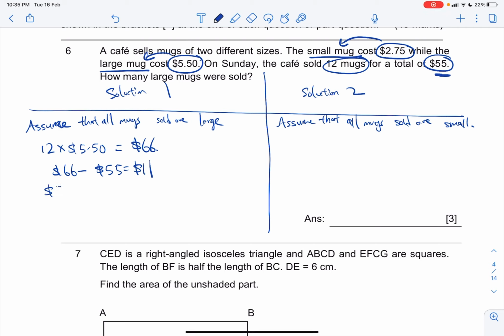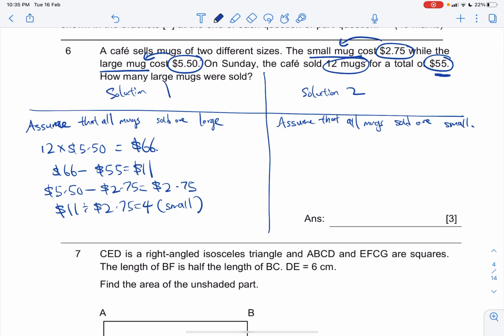And the difference in price between one large mug and one small mug is $2.75. So if we take $11 divided by $2.75, we get 4, which is small. So we have 4 small mugs, which means we also have 8 large mugs.